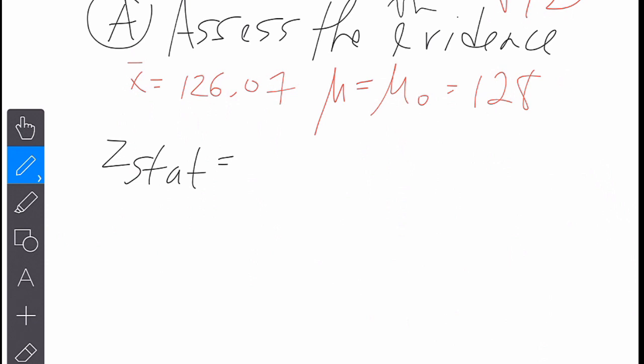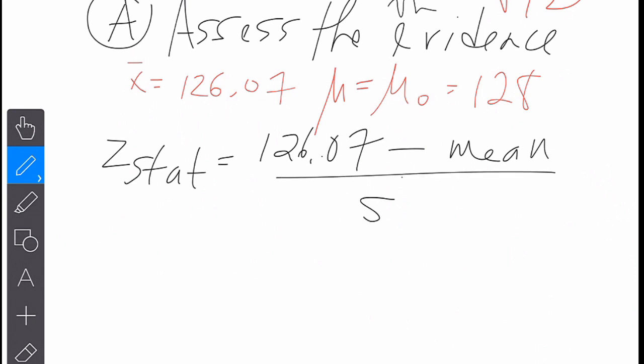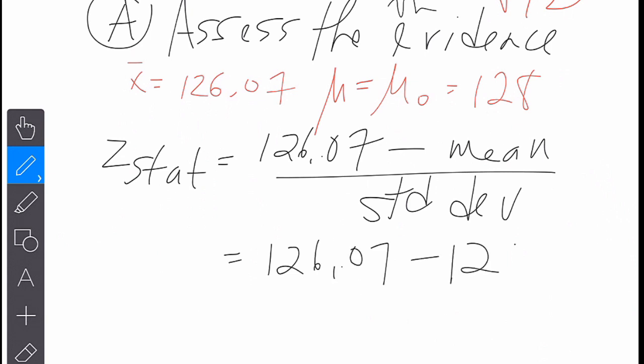So we're going to take our result, 126.07, and we're going to standardize it with the mean and standard deviation. Now I'm calling it standard deviation again because I'm actually using the population parameters to calculate it. But we should be calling it the standard error, I guess, because we used n. So 126.07 minus 128 divided by 1.77.